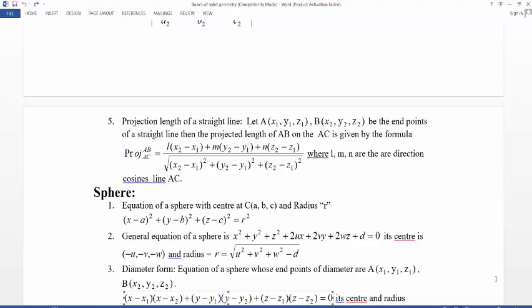Then the projected length of AB on AC is given by this formula. Suppose l, m, n are the direction cosines of line AC, then the projection is l into x2 minus x1 plus m into y2 minus y1 plus n into z2 minus z1, whole divided by the square root of this one. That is the projection of AB on the line AC.